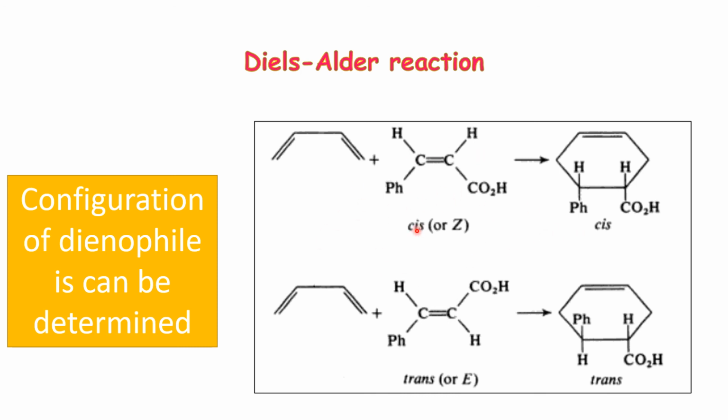We are just converting a cis isomer to a bigger cis isomer, and a trans isomer to a bigger trans isomer. So in case of these products, we can see their physical as well as chemical properties. Such differences will become much more evident. So the configuration of the corresponding dienophile can be determined based upon the differences observed in the products.